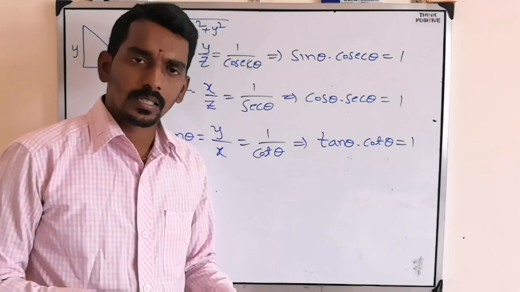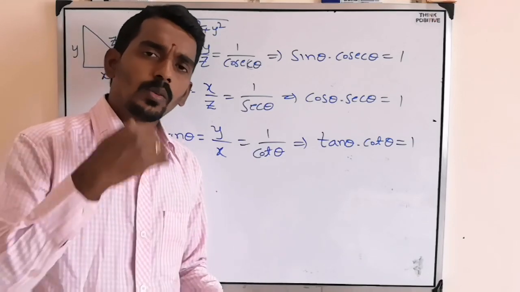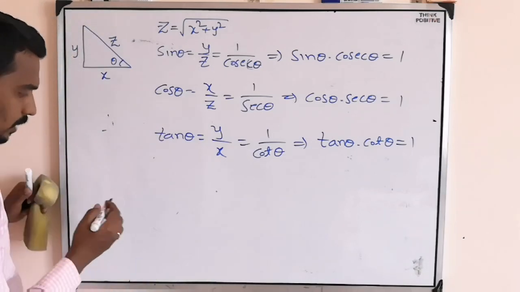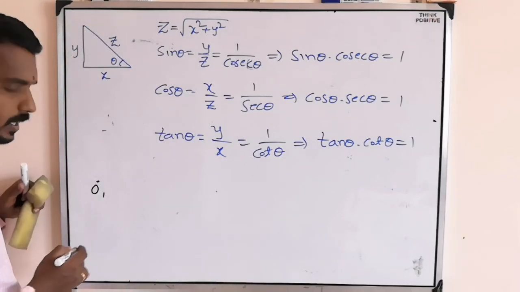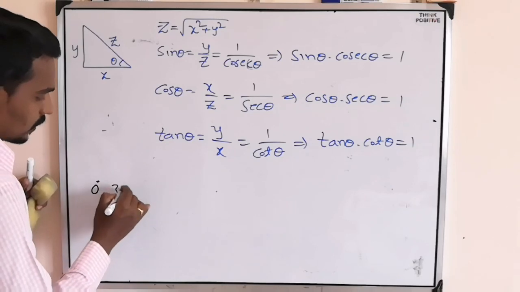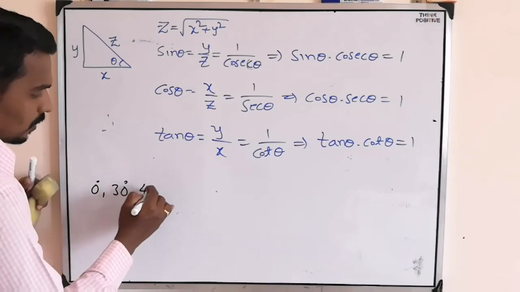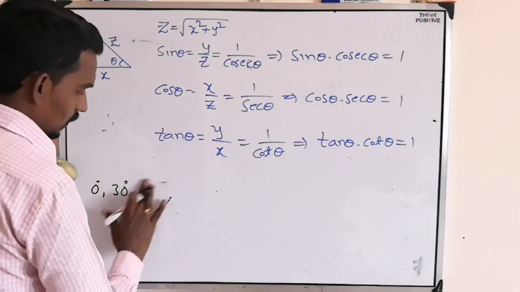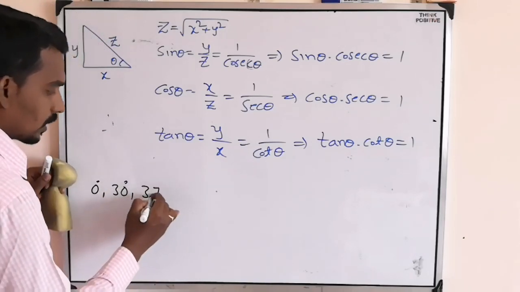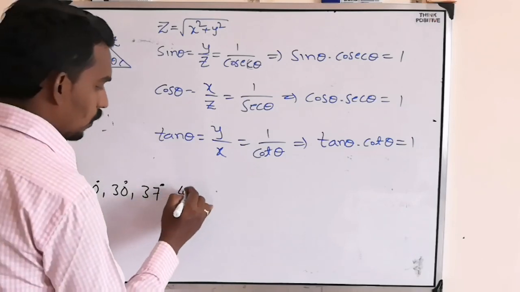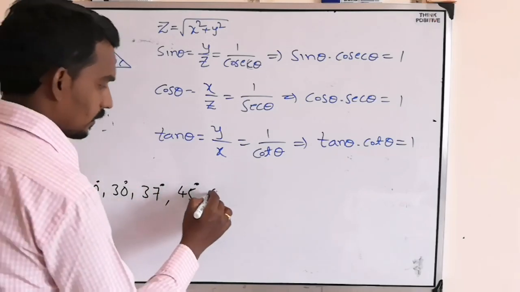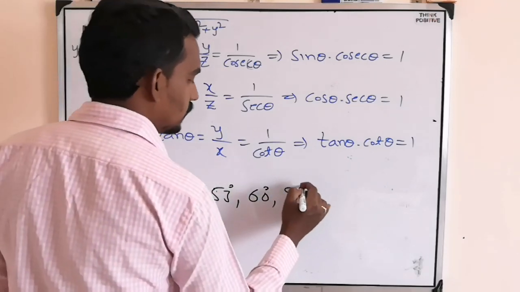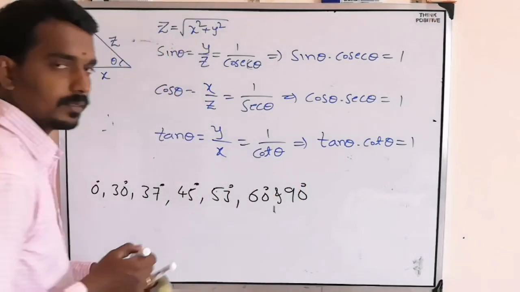But in physics, the questions will always be related to the angles 0 degrees, 30 degrees, 37 degrees, 45 degrees, 53 degrees, 60 degrees and 90 degrees.